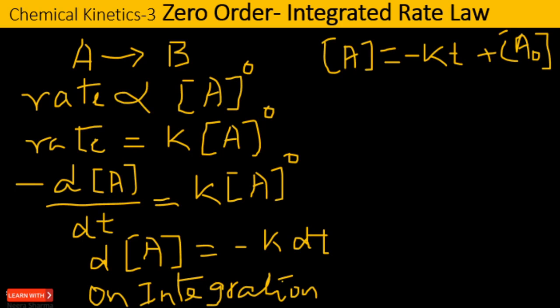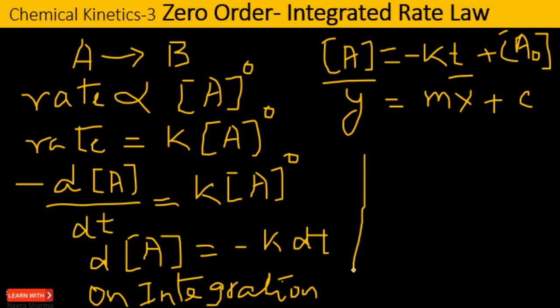Now this equation is similar to the equation of a straight line, y = mx + c. So what are the two variables? Concentration of A and t.